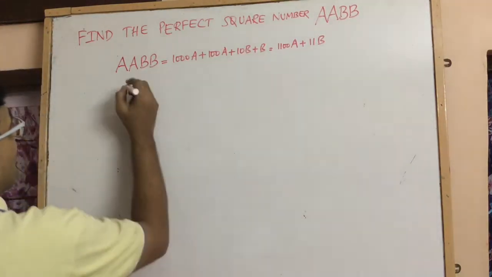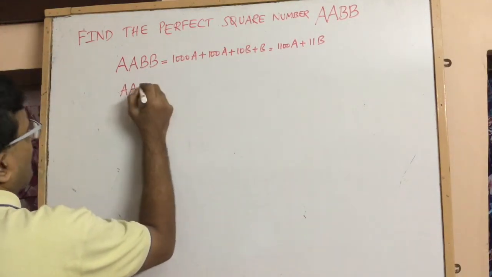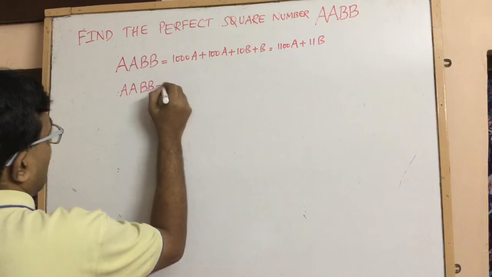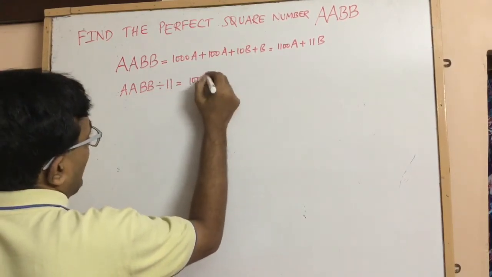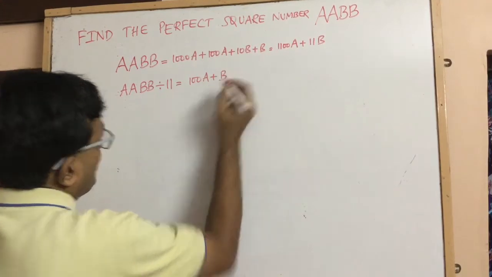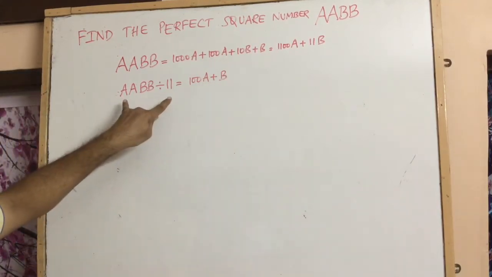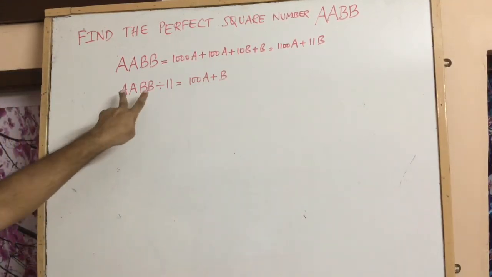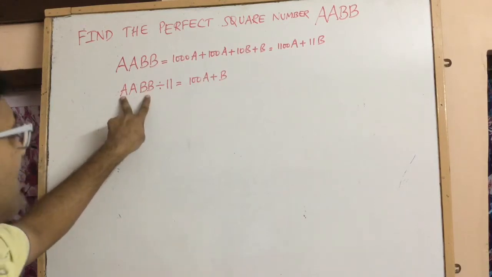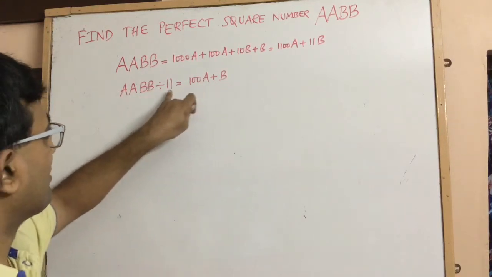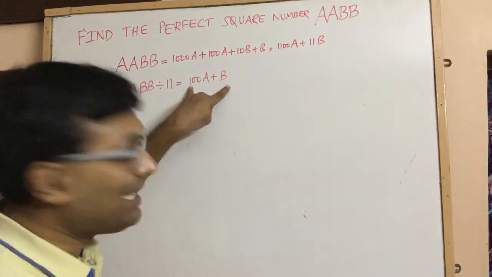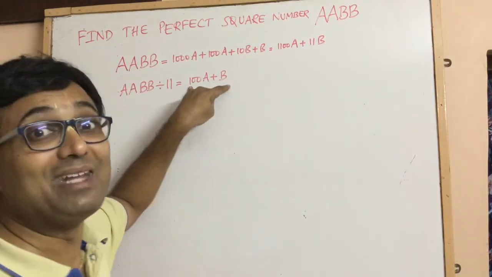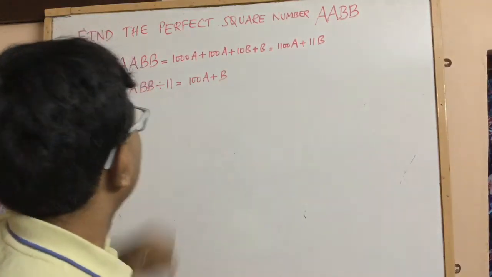So AABB divided by 11 is going to be 100 times A plus B. Now for AABB to be a perfect square, because 11 is not a perfect square, 100A plus B should be divisible by 11 again.